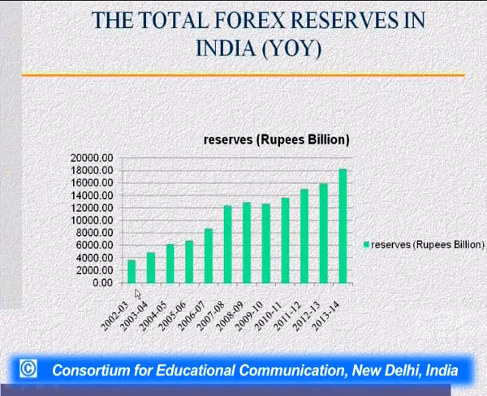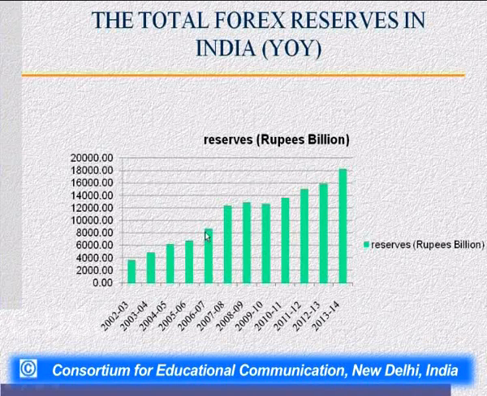From 2002-3 up to 2013-14, there is a continuous increase. But if you analyze the growth percentage, you find there is not very appropriate growth in terms of foreign exchange reserve.